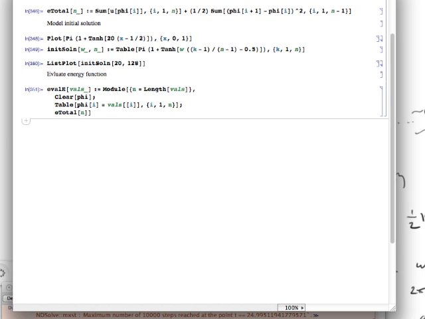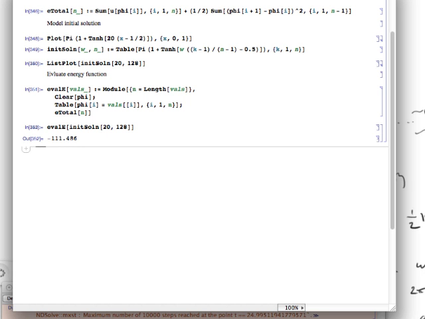Okay, so for example, I can evaluate the energy of the initial solution with the width parameter 120, and I get some value. And furthermore, I can evaluate a variety of width values and list plot them in the following way.